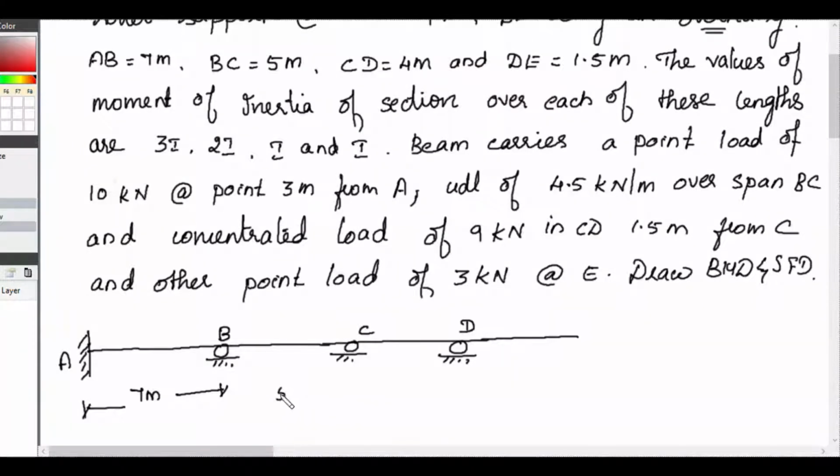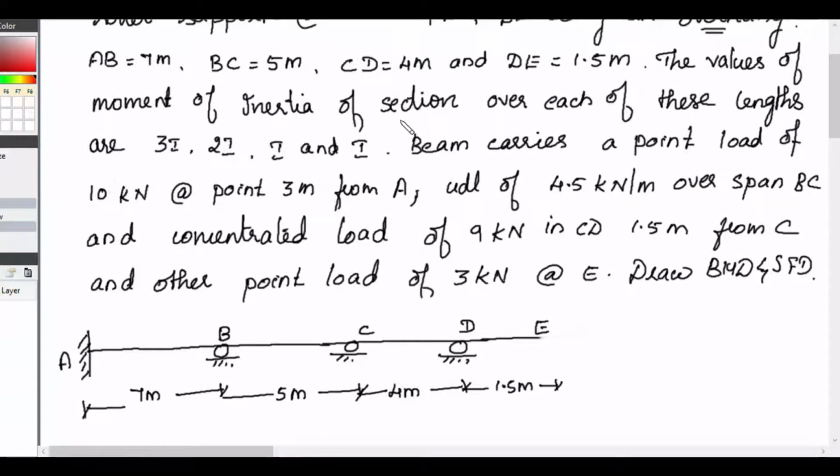BC is 5 meter long. CD is 4 meter long and DE is 1.5 meter long. What else is given?